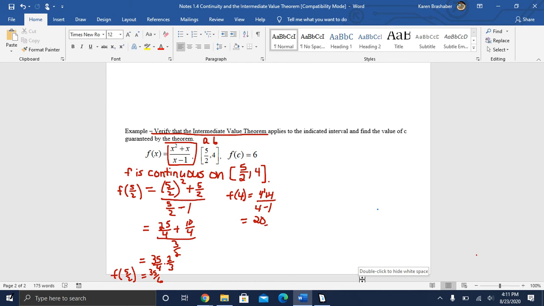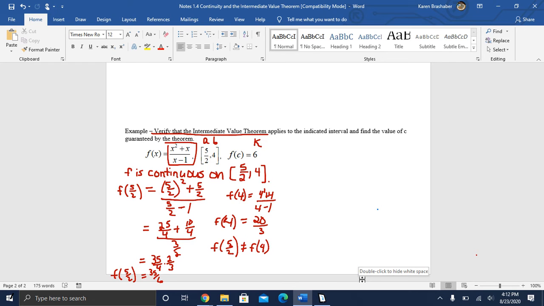So f of 4 is equal to 20/3, and therefore f of 5/2 does not equal f of 4. And then finally, you have to verify that the k value that you're interested in is in between those two y values that you have found.